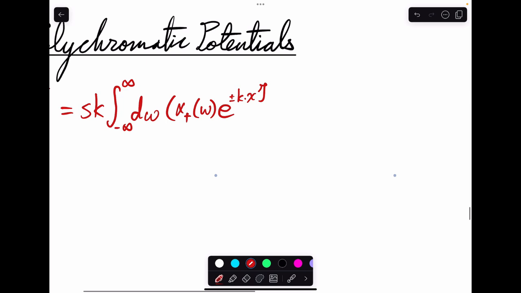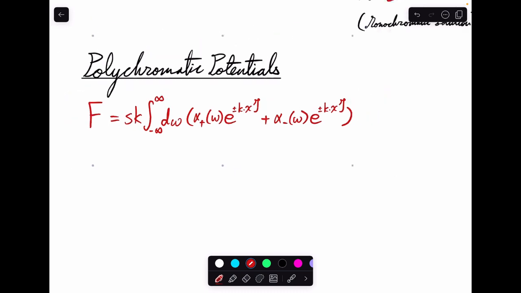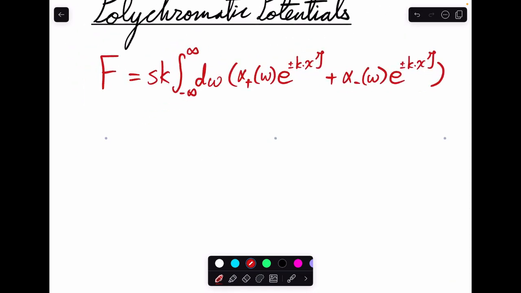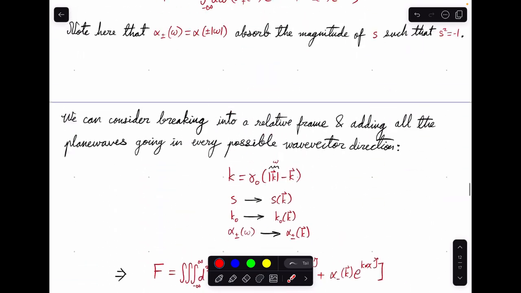We get this plus alpha minus. So we get this. This was the form that was given in, let me see, which video was it?